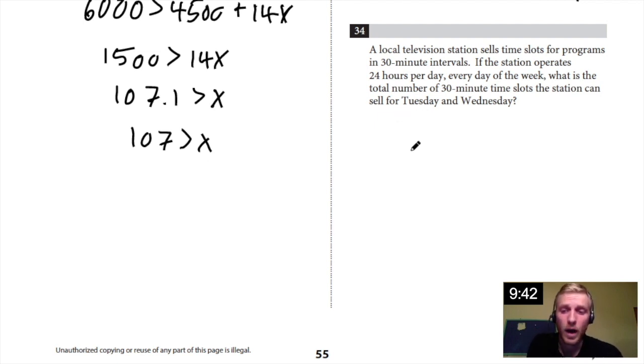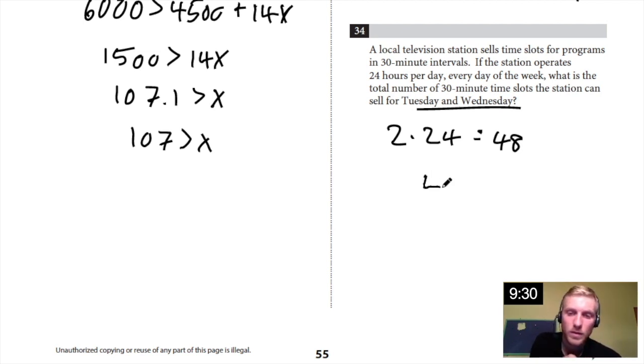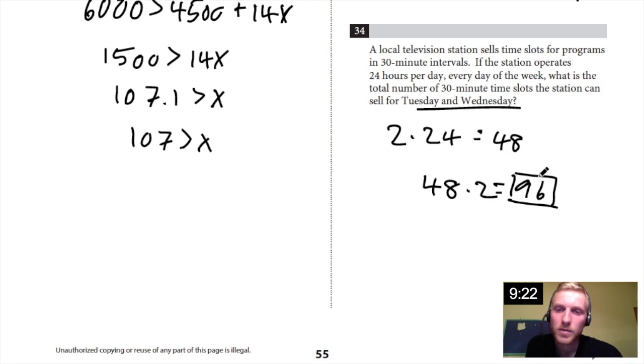There are 24 hours in a day, so 2 times 24 is equal to 48. So there are 48 time slots per day, and we want to know how many there are on Tuesday and Wednesday. That's a 2-day period. So 48 times 2 is going to be equal to 96. So we're going to have 96 time slots on Tuesday and Wednesday.